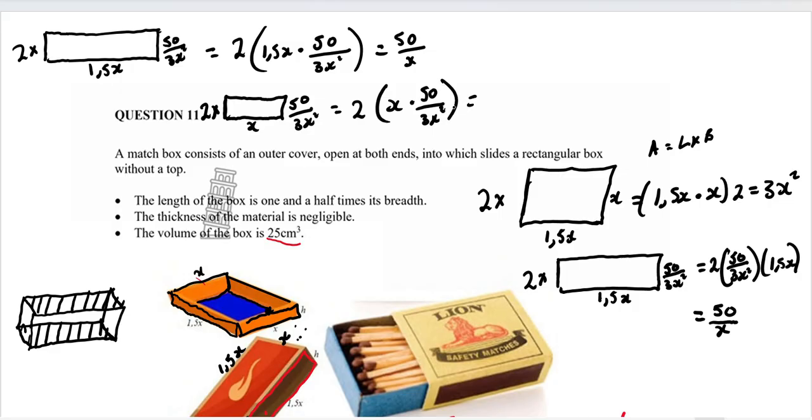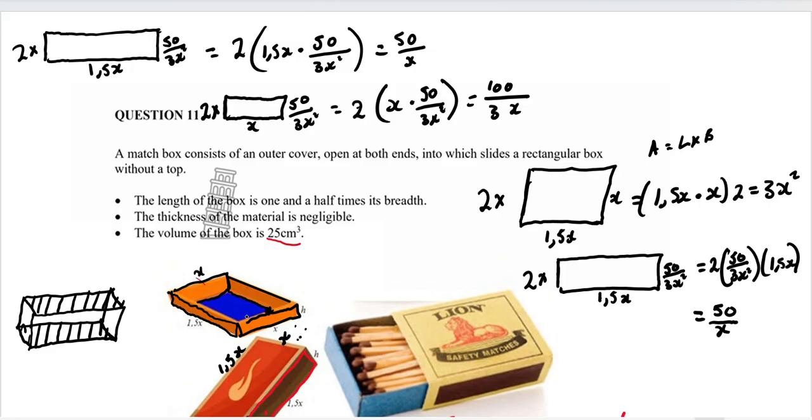When we punch our calculator, this gives us 100 all over 3, then we're going to have x here. So now we are left with the base.